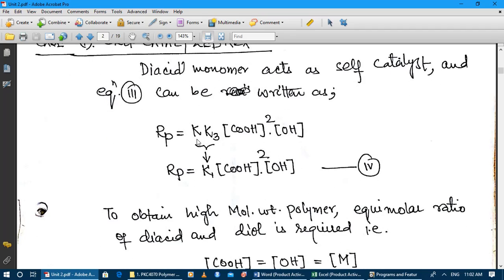We can combine capital K and small k3 into a new constant K, and the rate of polymerization will be equal to K [COOH] square multiplied by the concentration of hydroxyl group. So my equation 4 is the governing equation for the self-catalyzed step polymerization rate kinetics.